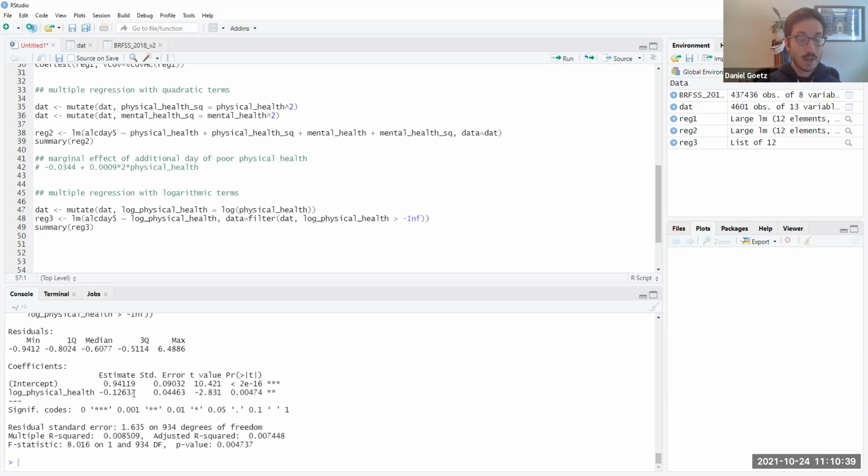So for a logged x, our interpretation is always going to be a 1% increase in x leads to a something. In this case, the something should be the coefficient divided by 100 unit change in y.